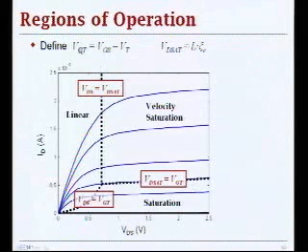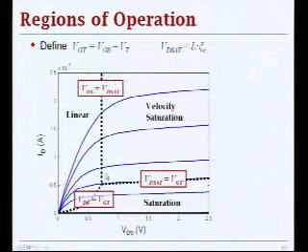If we define VGT is equal to VGS minus VT, and we simplify this VDSat simply as the product of your effective channel length and the electrical field, because that's the onset of velocity saturation, then we can provide this simple model where we identify linear mode over here.